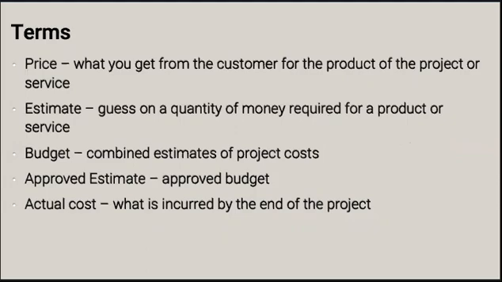The approved estimate is the budget that had been put through all the hoops and loops of managerial approval and is available for project use. And the actual cost is the cost that is actually incurred at the end of the project or any of the reporting periods or project phases.